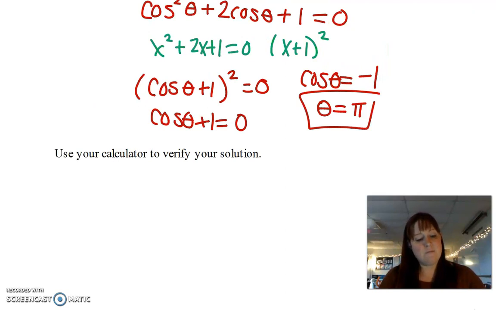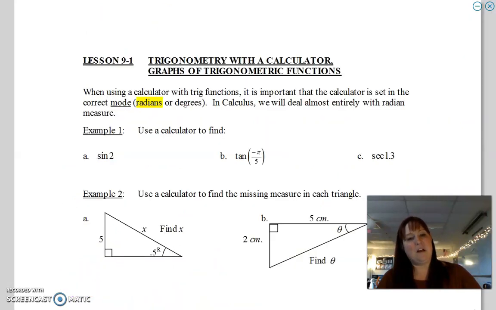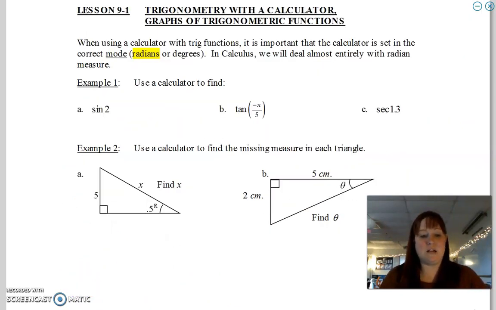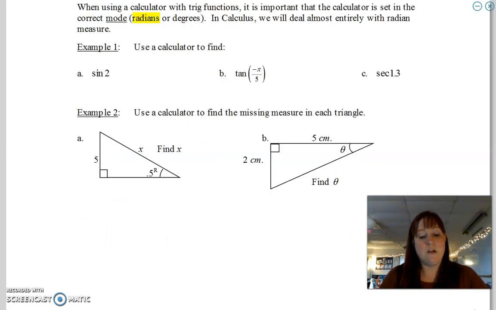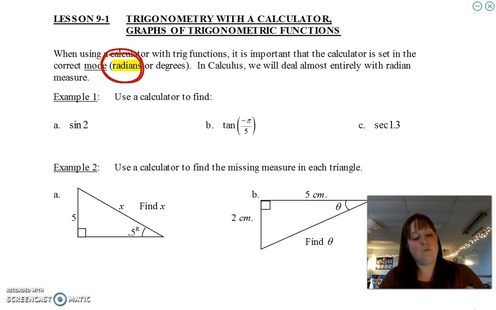Speaking of calculators, at the very beginning of this, you might have noticed I just skipped over these calculator ones because I don't really have a great calculator emulator on my computer yet. I haven't found a good one yet, so I'm just going to walk you through how you would put this into your calculator. The very first thing you do is when you walk in, you put it in radians.